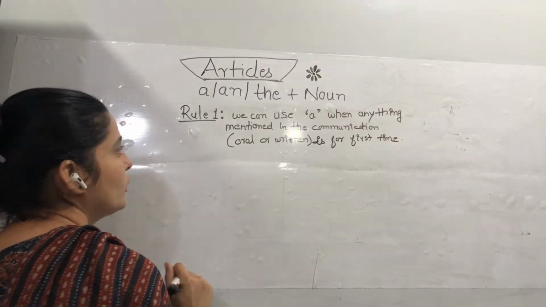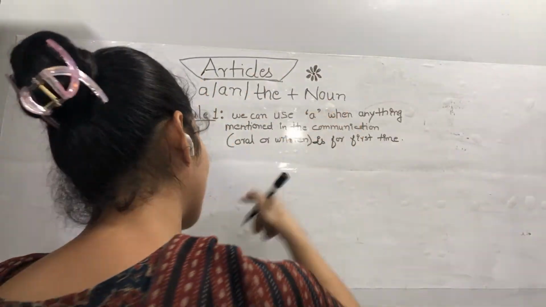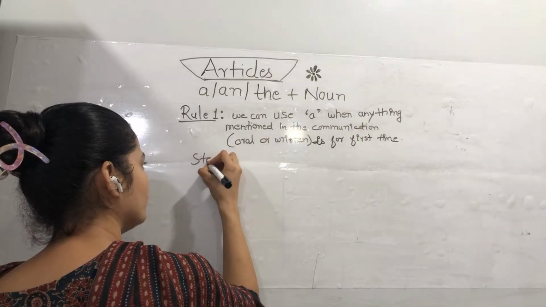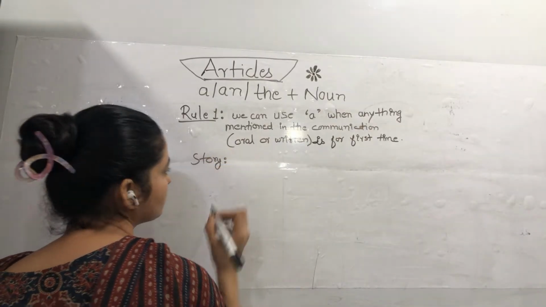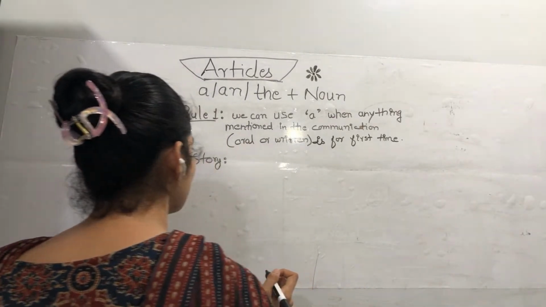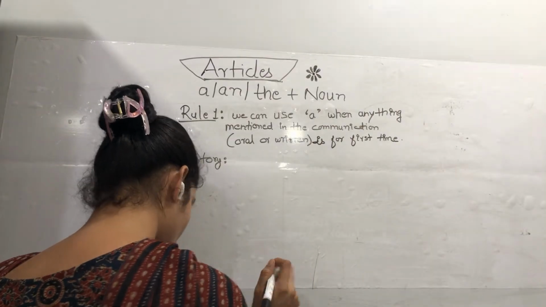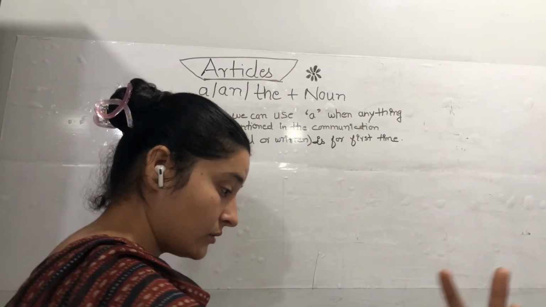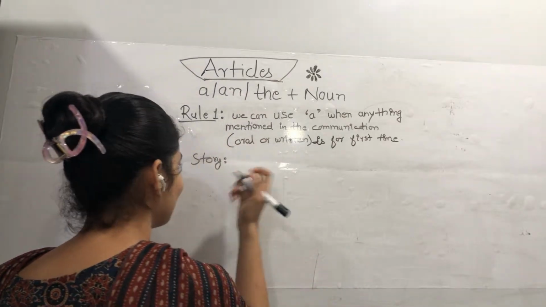For example, to explain this rule in a better way, I'll share a story with you. I'm thinking as I go, because I have to create that story myself.